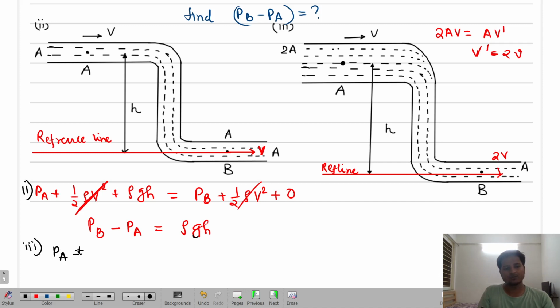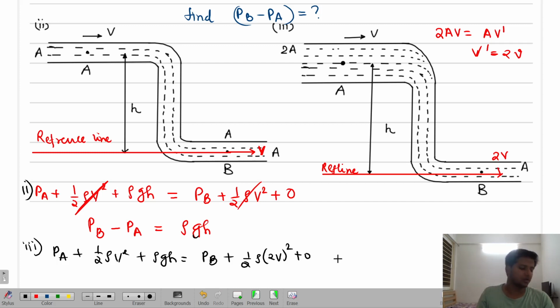P at A plus half rho V square plus rho GH is equal to P of B plus half rho into twice V whole square plus 0. So you solve it and you will get PB minus PA.